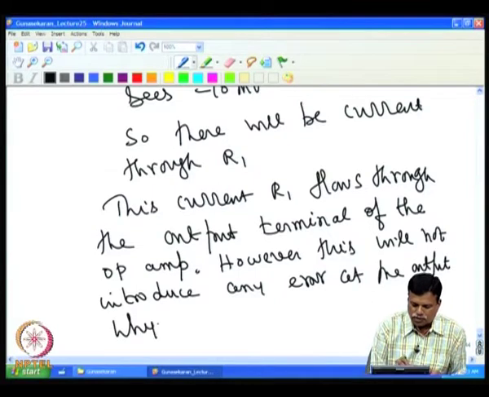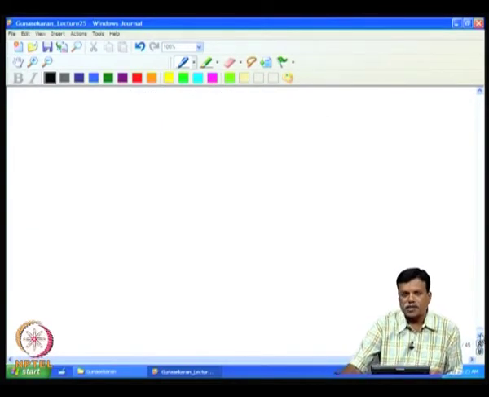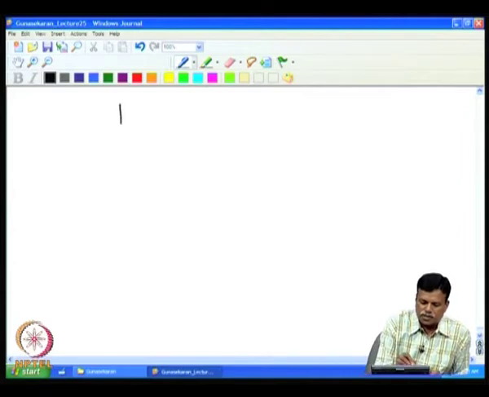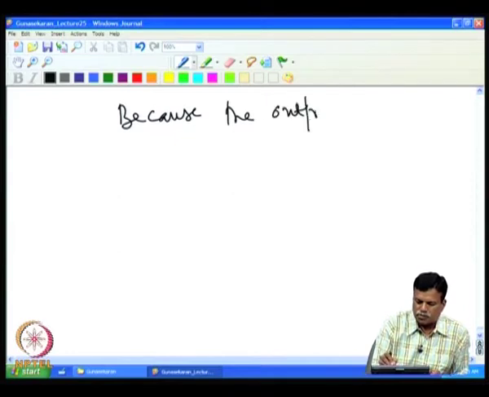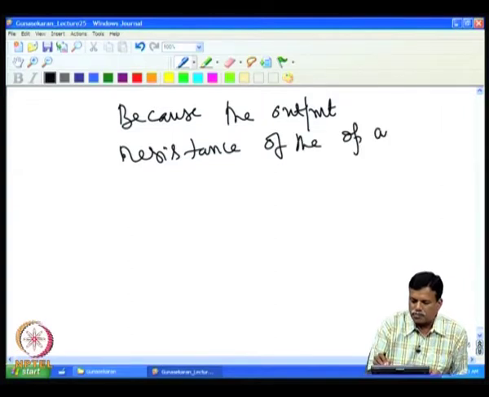The question is why it will not introduce any error. Now, the answer is that the output impedance of the op amp is close to 0. The output resistance of the op amp is nearly 0.